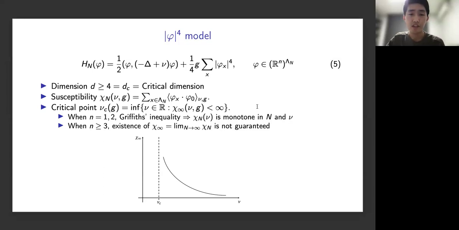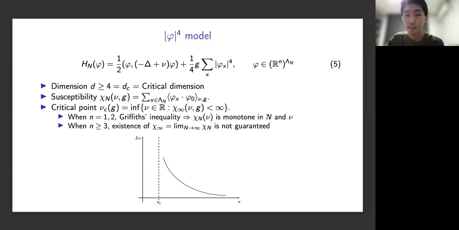This definition is actually a bit problematic because for the cases where phi has only one or two components, there's an inequality called the Griffiths inequality, and it implies that chi-n is a function monotone in both n and nu.